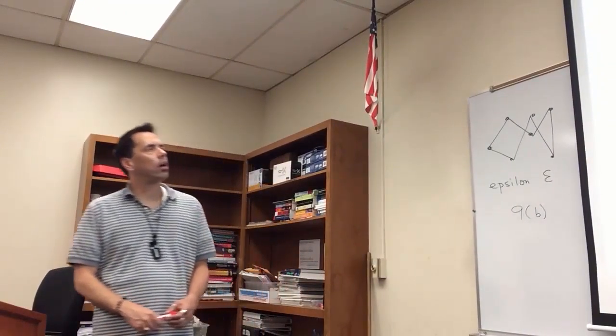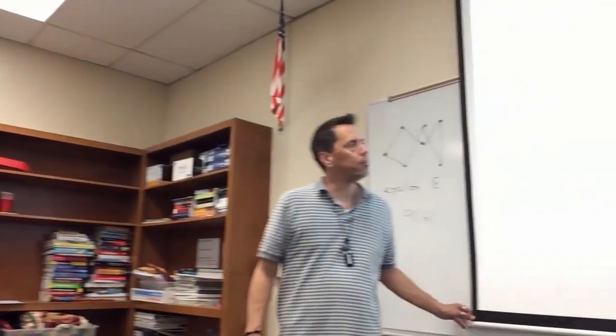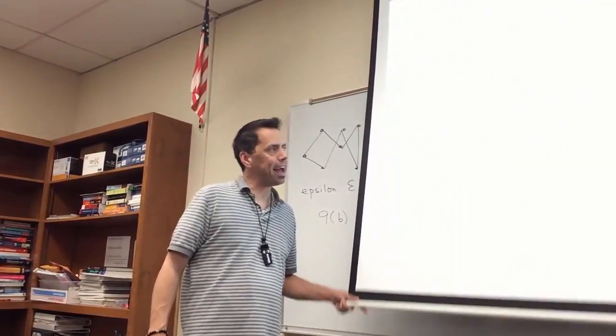Okay, so I had started off with a reminder of what Dirac's theorem said. If G is a simple graph with at least 3 vertices such that the degree of every vertex is at least n over 2, then G has to have a Hamilton circuit. So you can use that to show that this graph has a Hamilton circuit.